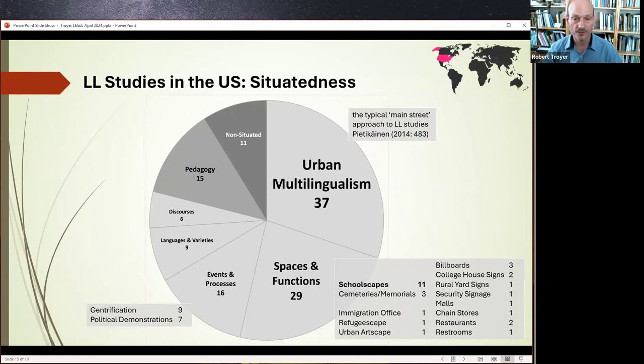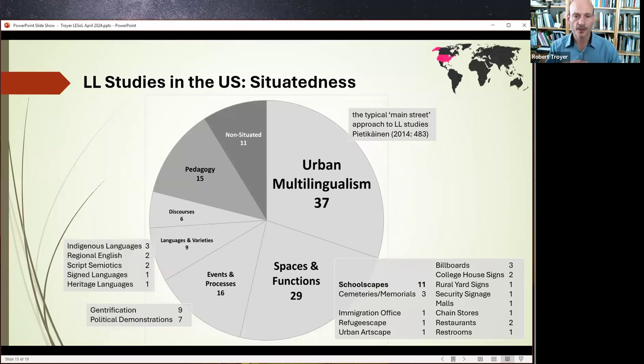But also political demonstrations. Hanauer and Seals have several articles based in the United States covering political demonstrations and the role that linguistic landscapes play in them.